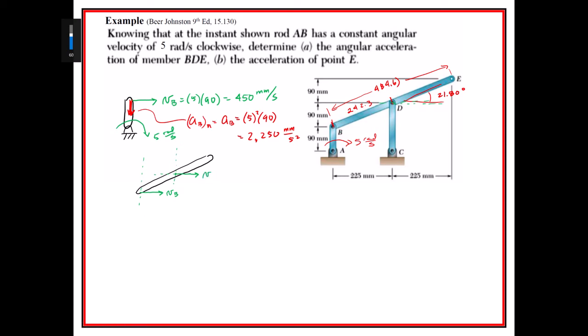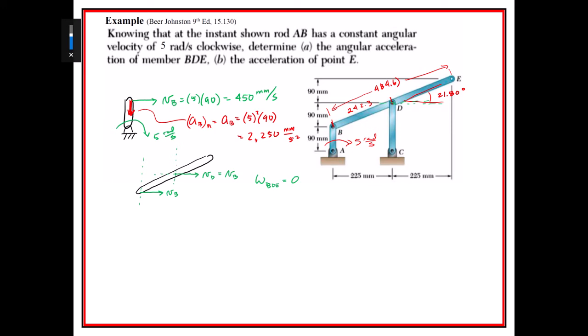Our conclusion is that the velocity of D has to equal the velocity of B at this point in this orientation, so omega BDE is equal to 0. It's not rotating. We've found another example, unfortunately, where that omega is 0. Some interesting things are going to happen from here, though, so that's the value of this problem.